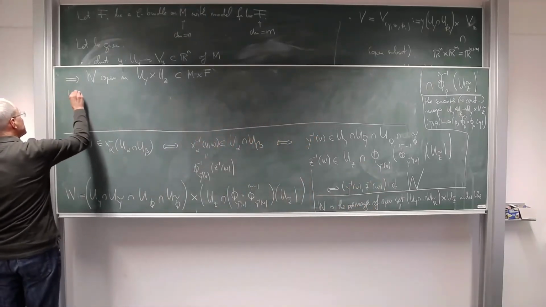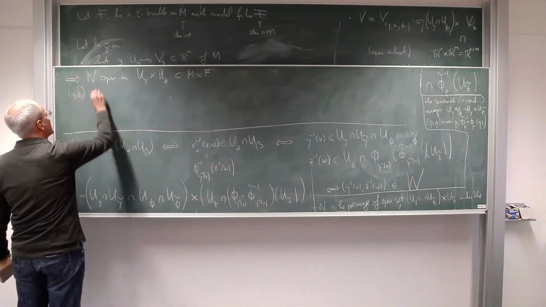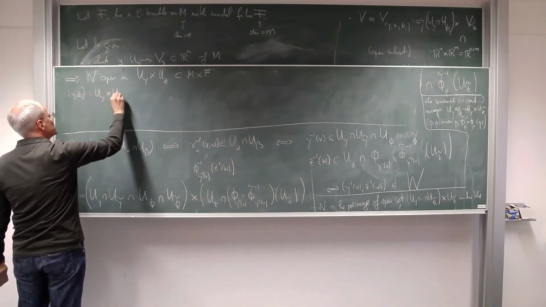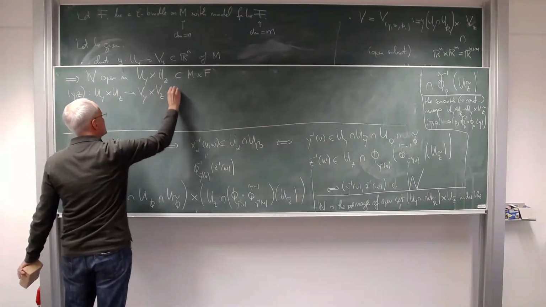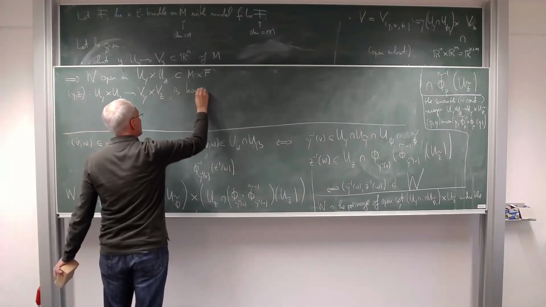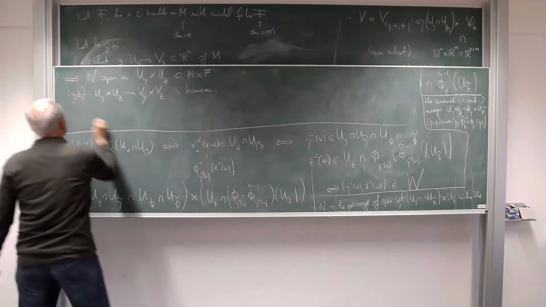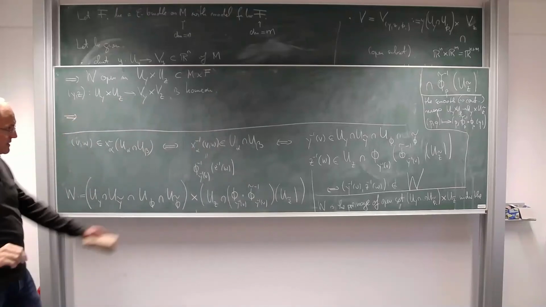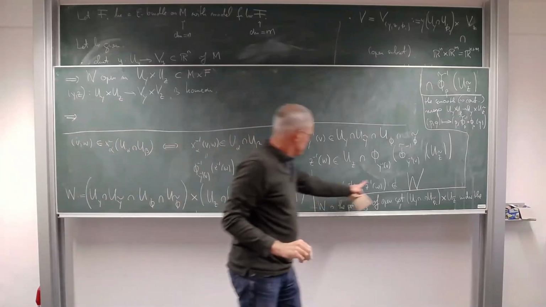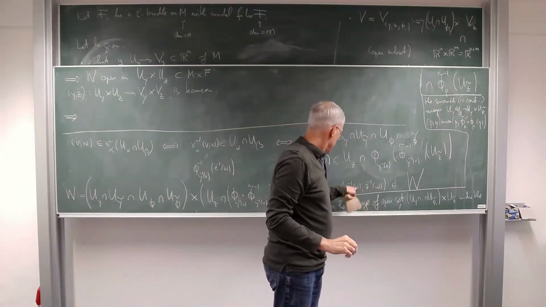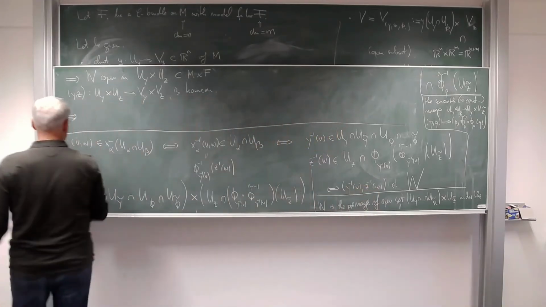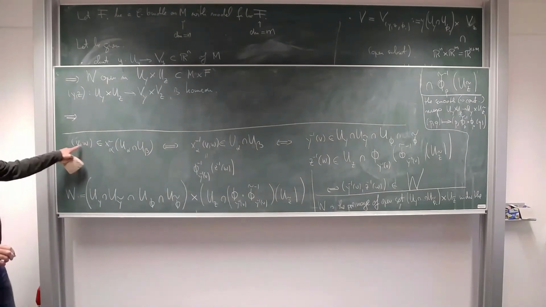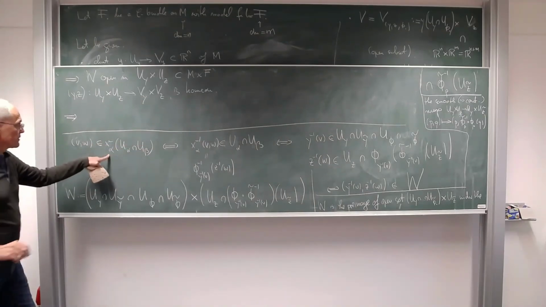Y, Z from Uy cross Uz to Vy cross Vz is a homeomorphism, which tells me that these pairs V, W themselves form an open subset. And that's exactly the set which I'm considering here.